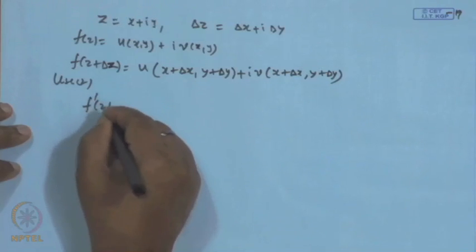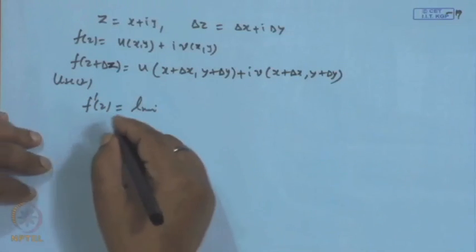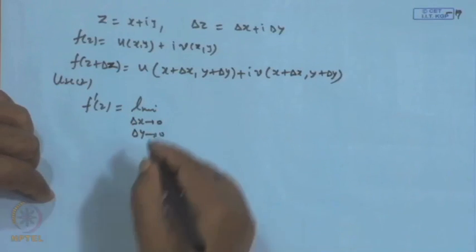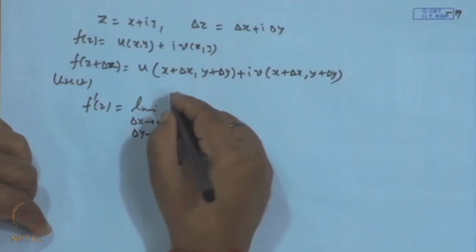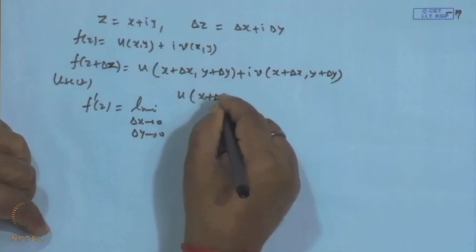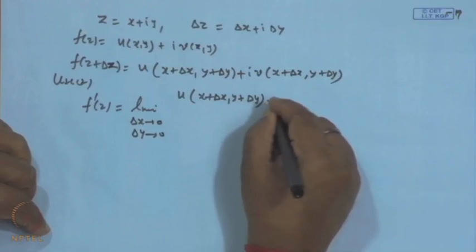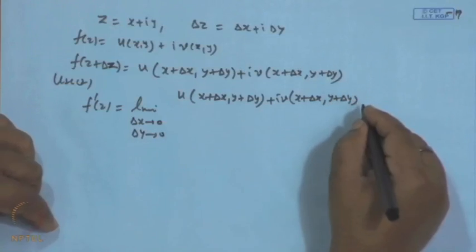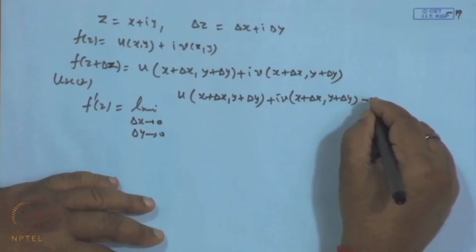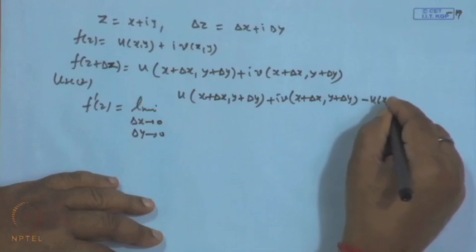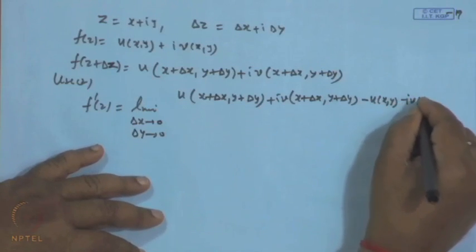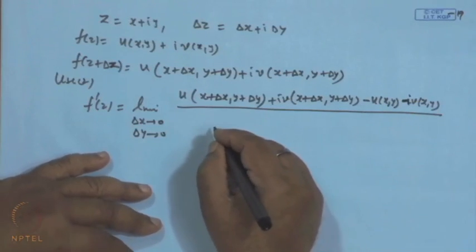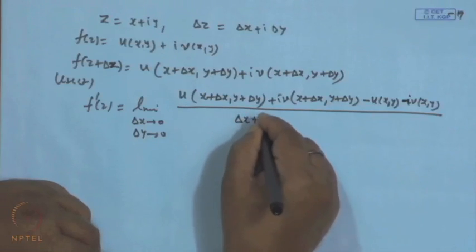So f prime(z) is the limit as Δz tends to 0, meaning Δx goes to 0 and Δy goes to 0, of [u(x + Δx, y + Δy) + i v(x + Δx, y + Δy) − u(x,y) − i v(x,y)] divided by (Δx + iΔy).